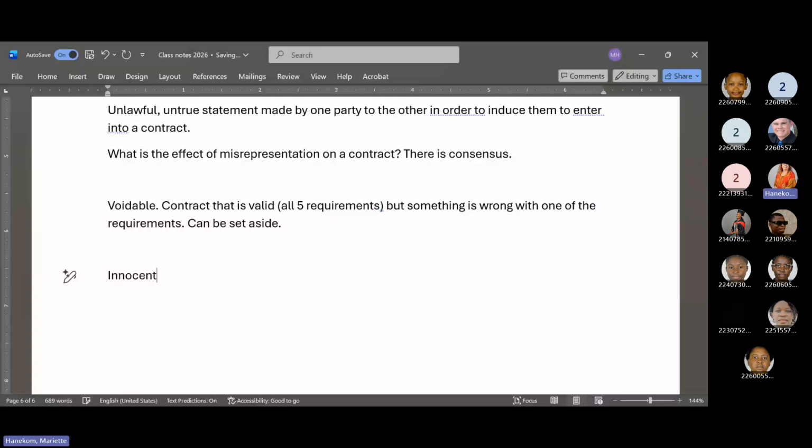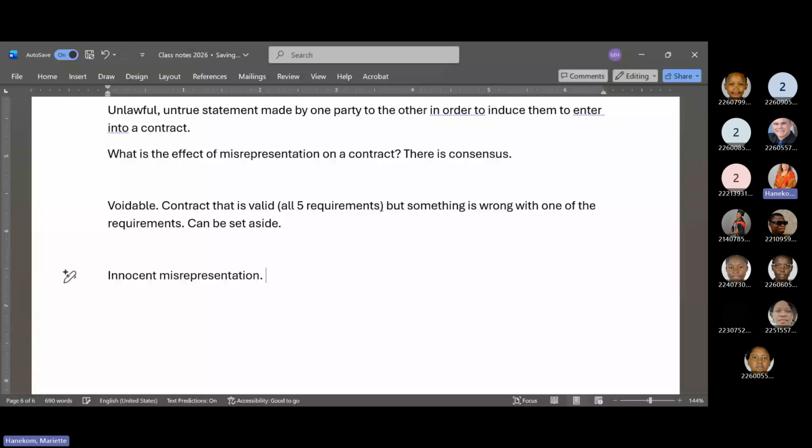If it is innocent misrepresentation, in other words, I told her the car is in perfect working condition because I really believed it was. I've been keeping up with service records, everything. So it's still a misrepresentation.